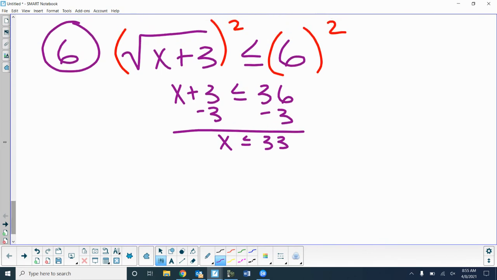And a lot of you had that, which is good. But what is the radicand, x plus 3, not allowed to be? Negative. So you have to figure out what numbers keep it from being negative. So you write x plus 3 is greater than or equal to 0. All numbers 0 or bigger are not negative, right?